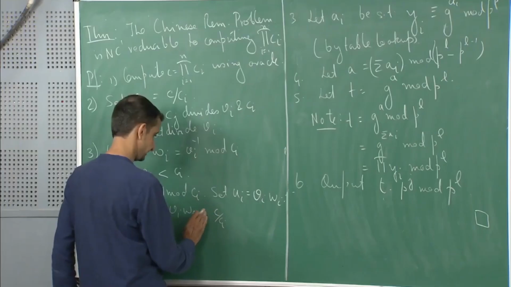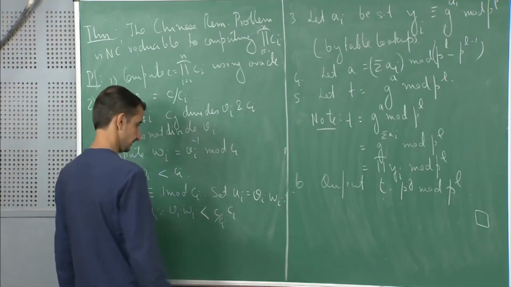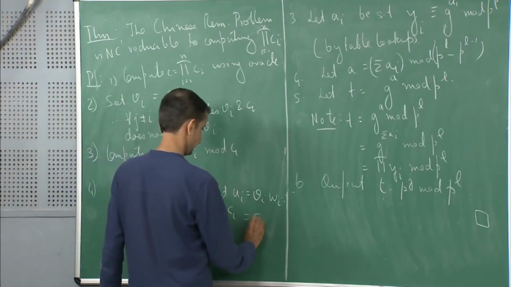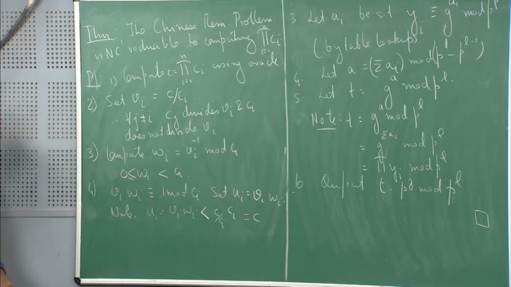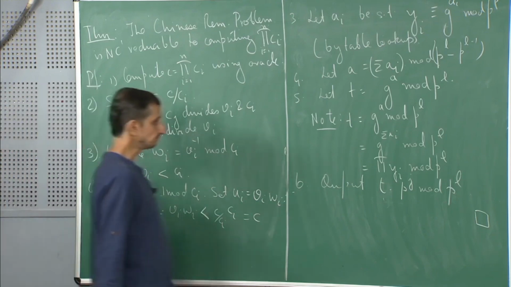So this is at most C. Okay, so each ui is bounded by C for us.